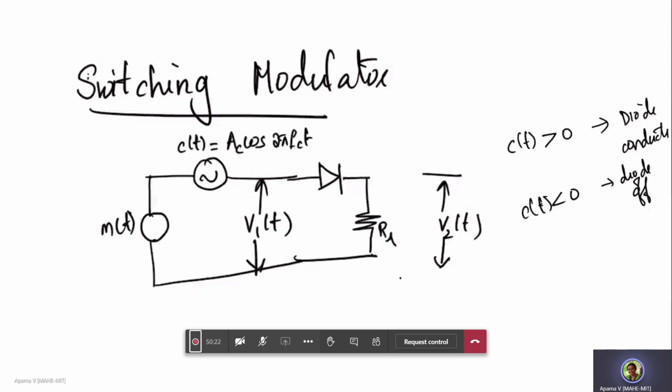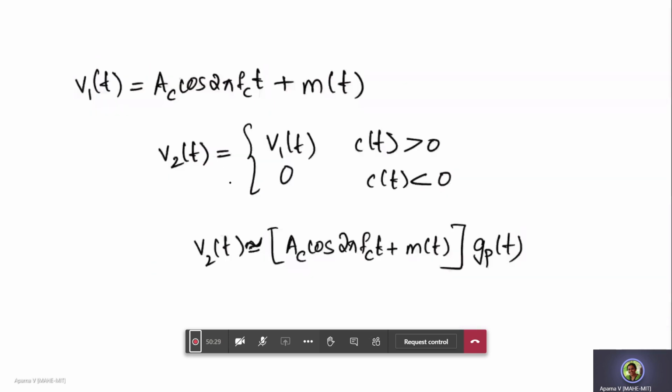That means v2(t) will be equal to v1(t) for the carrier signal greater than 0, and 0 for c(t) less than 0. For the negative part of the carrier signal, the v2(t) output will be 0, and for the positive part, v2(t) gives you the exact input as v1(t).